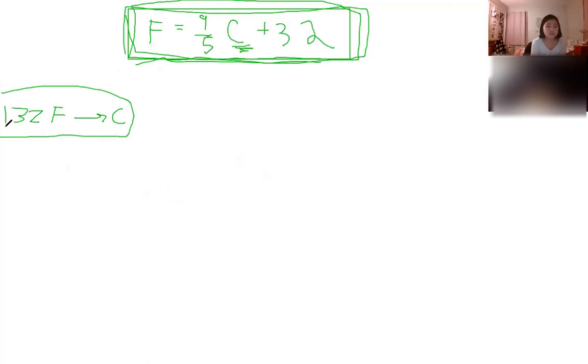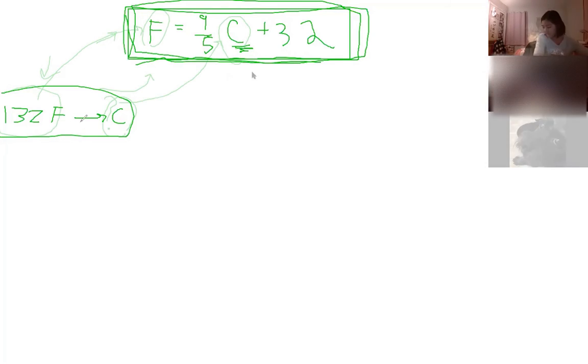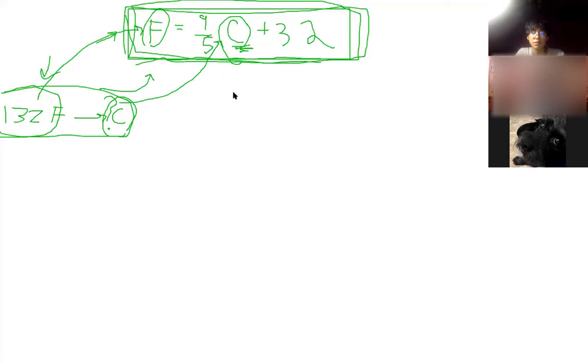Okay, so how do you think we should plug in? What's our next step from here? Yeah, that's exactly right. So I'm just going to write that on the board. The numbers are always going to be the same, with the 32 and 9 over 5.